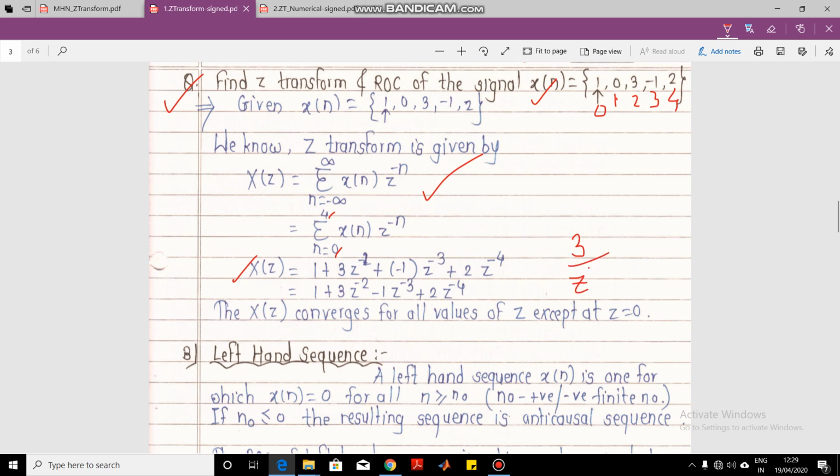Now put z equal to 0, so it will be 3 upon 0. Anything with 0 in the denominator will become infinity, so this value will become infinity.